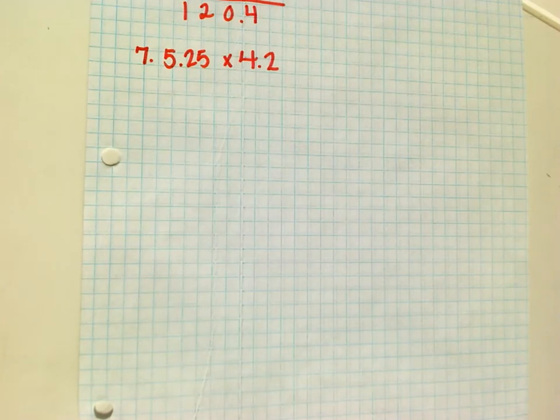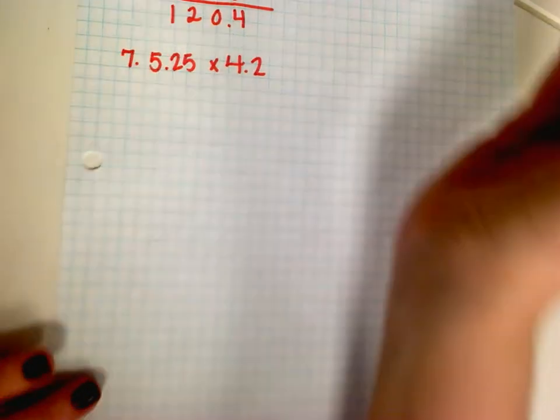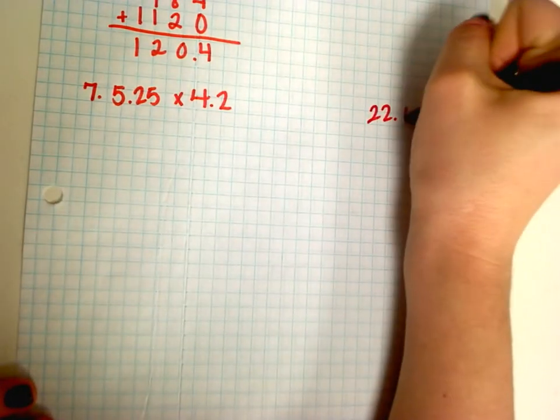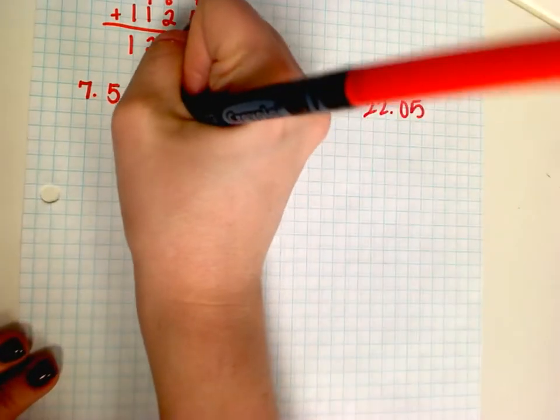Wonderful, wonderful. Ellen, go ahead. 22 and 50 thousandths. Okay. Or 5/100 because you can get rid of that extra 0 on the end. Very good. 22 and 5/100. Let's see how she got it.